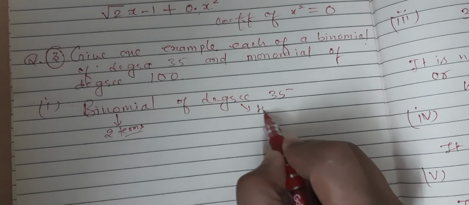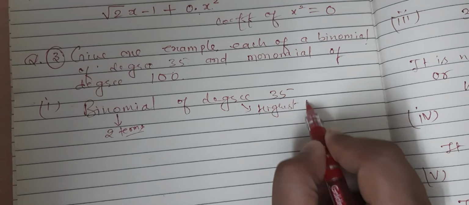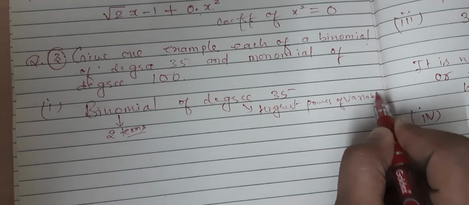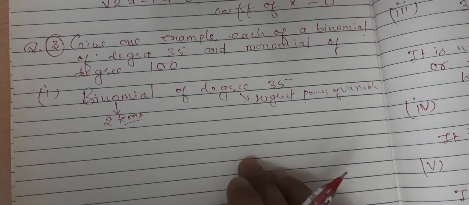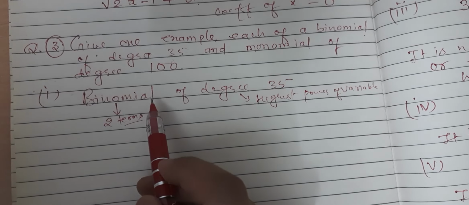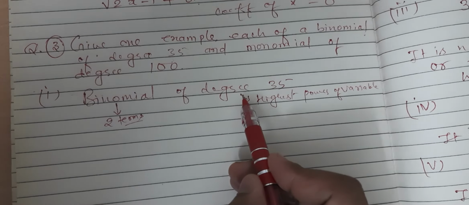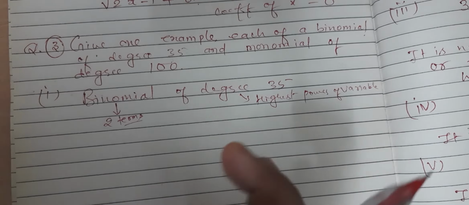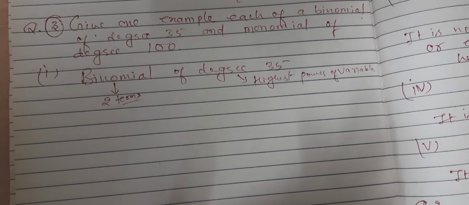Degree means the highest power of the variable. So we have to write a binomial whose degree is 35.